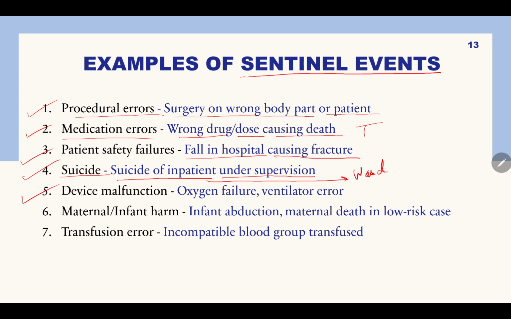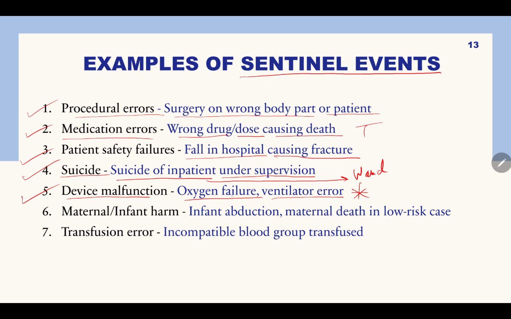Then device malfunction, so oxygen failure or ventilator error. This is also an important problem. This might happen, and this has happened in so many hospitals. Not in mine, but there are so many hospitals. You know what happens if there is a power cutoff or any problem which a hospital doesn't cope with. Even the generators fail, then ventilator error might happen.